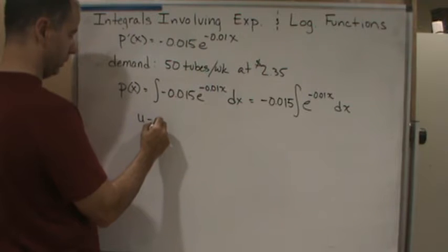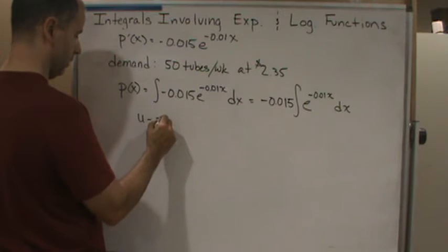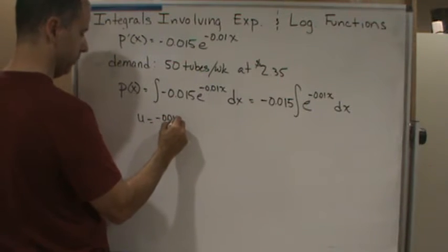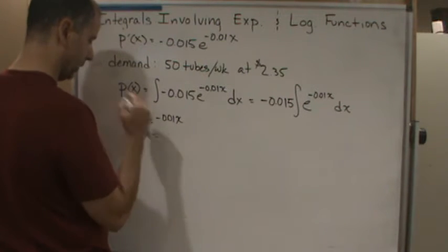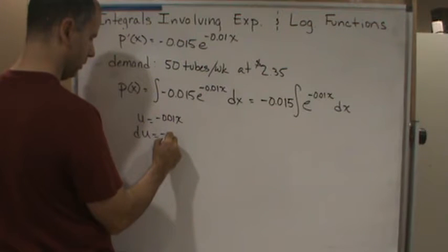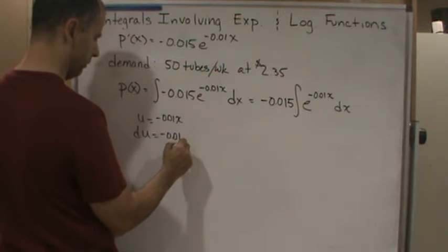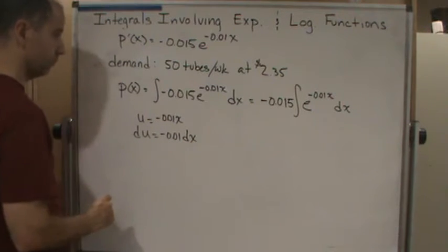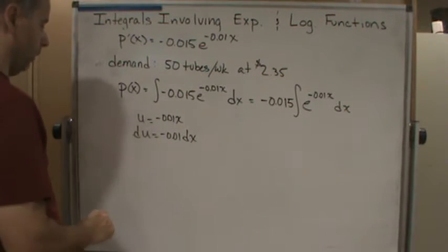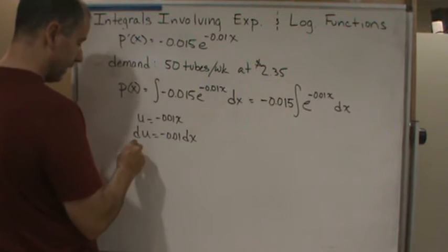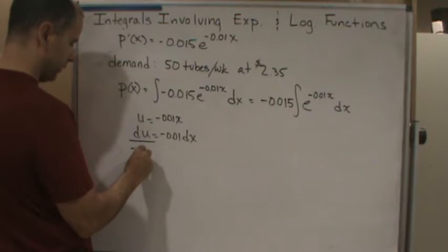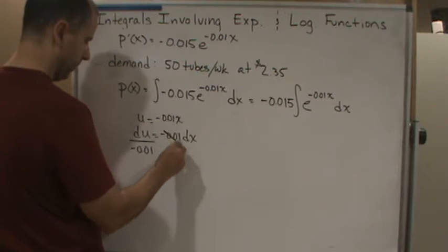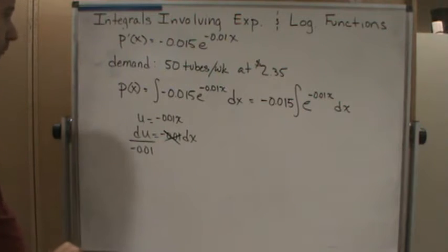Let u equal negative 0.01 x, and so du equals negative 0.01 dx. If I divide both sides by negative 0.01, I get du divided by negative 0.01 equals dx.